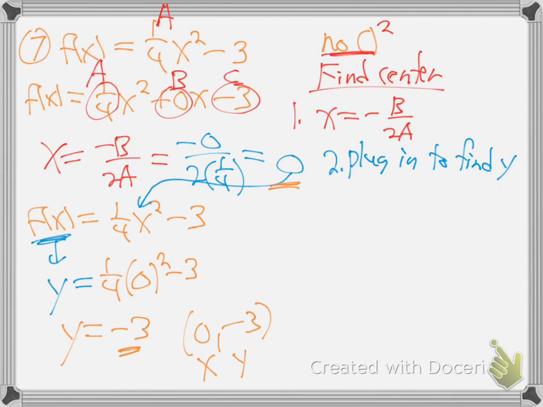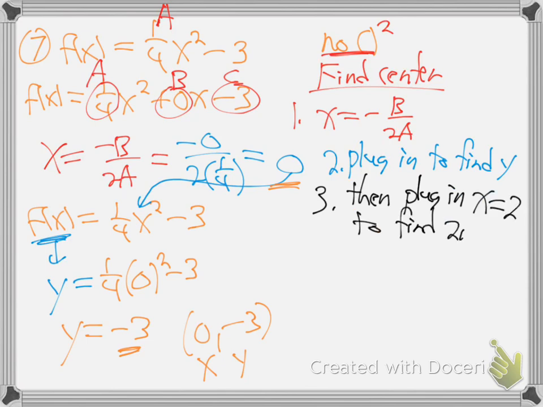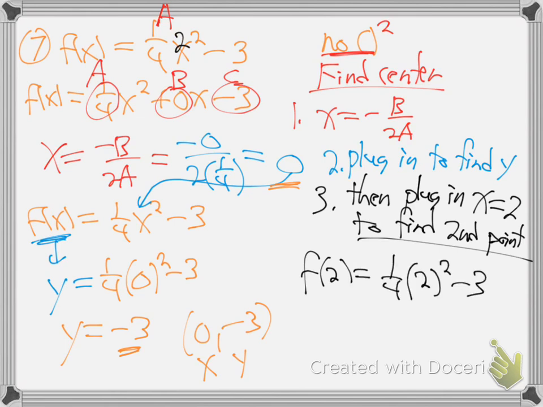Okay, so now here's the other trick on this one. Then plug in x equals 2 to find a second point. Now, why am I doing that? Well, I just know if I plug a 2 in right there, 2 squared is 4. It's going to cancel that other 4. So f of 2 will be 1/4 times 2 squared minus 3.